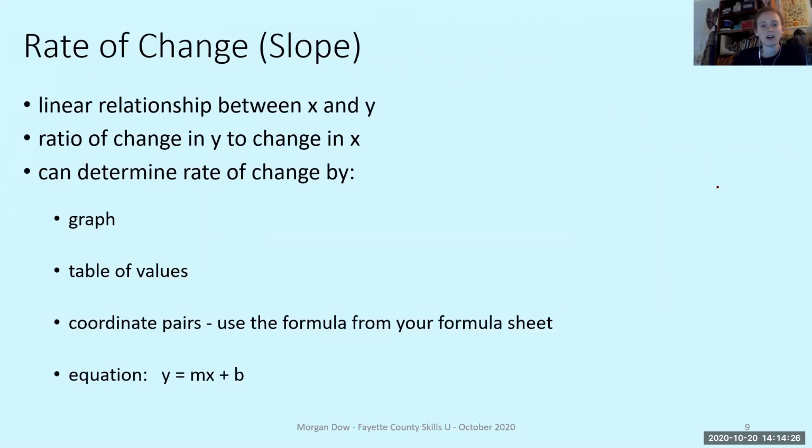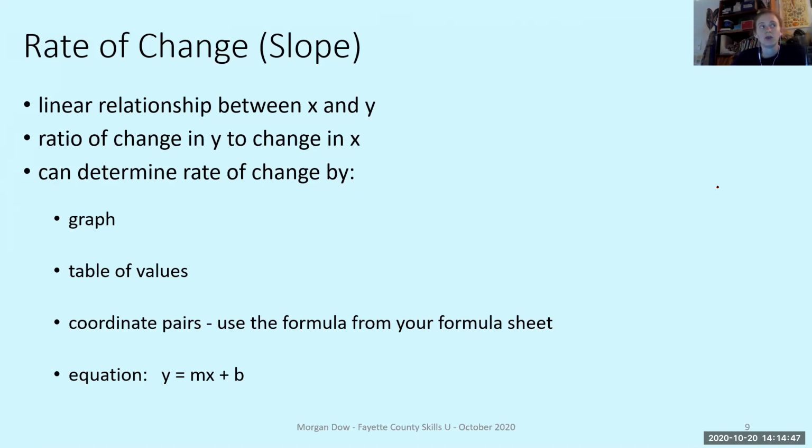All right, so now let's talk a little bit more in depth about slope. When you have a linear relationship between x and y, that means that each time x changes, y will always change by a constant amount. So it will always change by the same amount each time x changes.